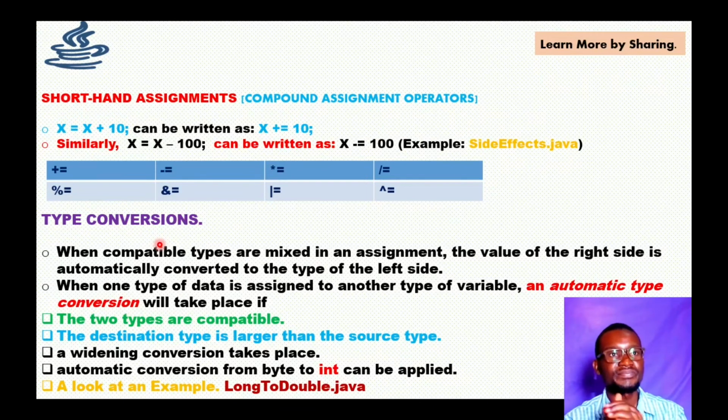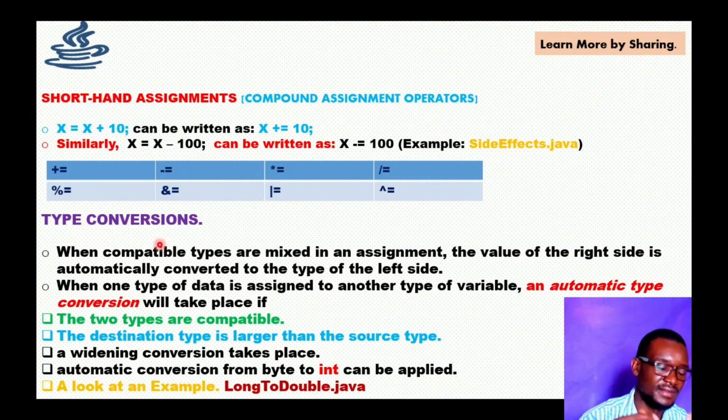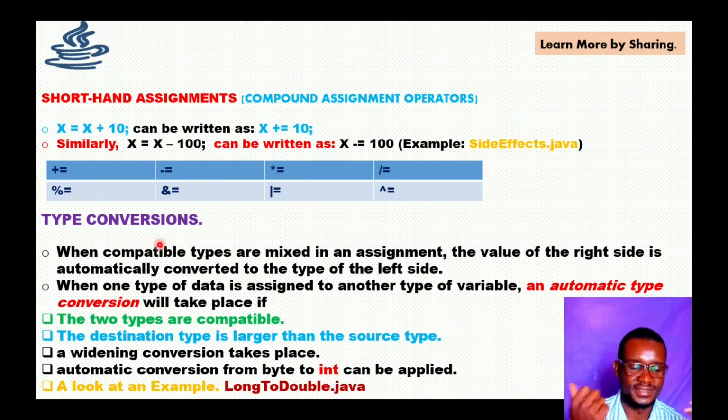So you cannot, for example, convert a variable of type string to double, because these are not compatible. You need to have variables that are compatible.